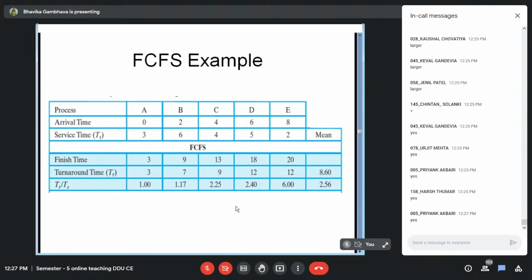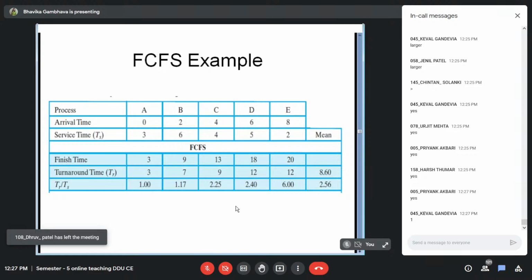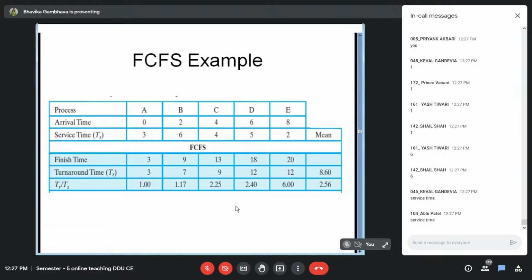So what do you think is the minimum possible value of normalized turnaround time? 1. And what is the worst possible value of normalized turnaround time? I mean, not in this scenario, in general. What can be the worst?